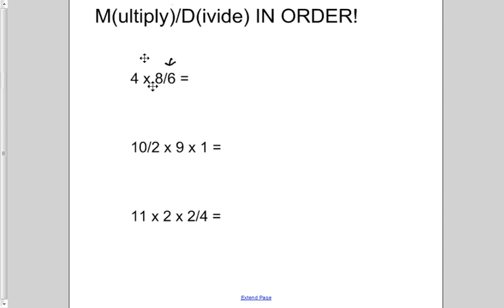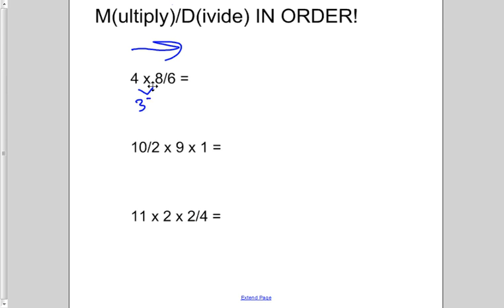So if you look at this problem right here, which do you see first, the multiplication or the division sign? I see the multiplication sign first. So before you do 8 divided by 6, you're going to do 4 times 8 because we go from left to right. 4 times 8 is 32.